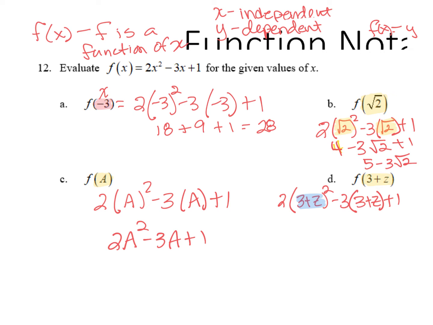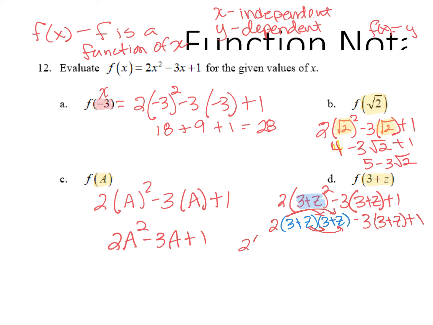Now be careful. That means what I'm going to do is 3 plus z times 3 plus z. Many times we start squaring that and we get in trouble because we forget that when we multiply that all out, we've got to do the distributing of all of my terms.